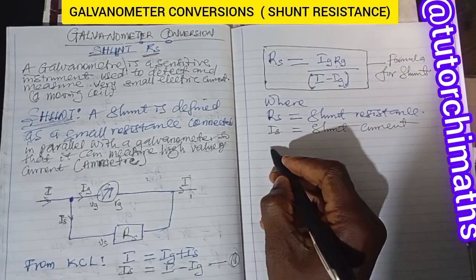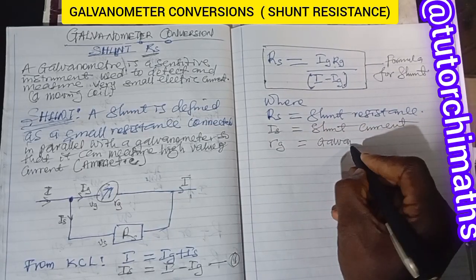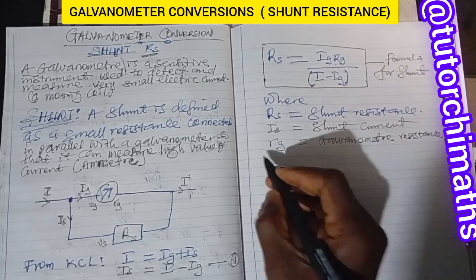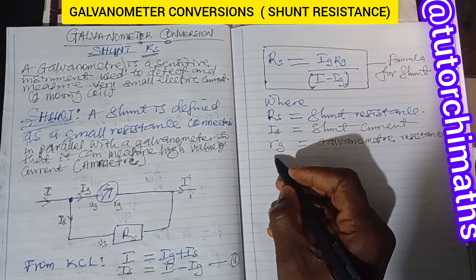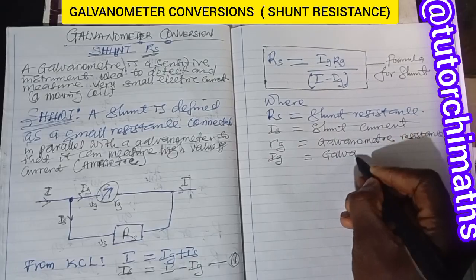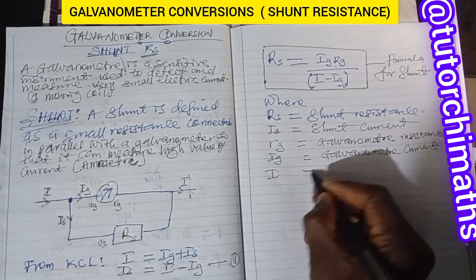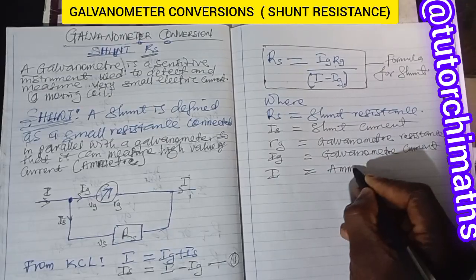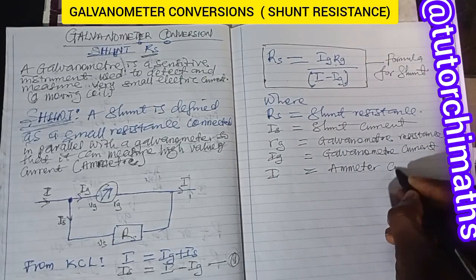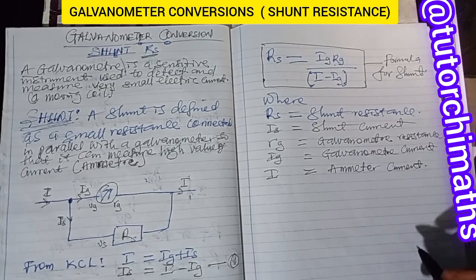Then ROG equals galvanometer resistance. Then IG equals galvanometer current. I equals the ammeter current. Okay, good. All in amperes.